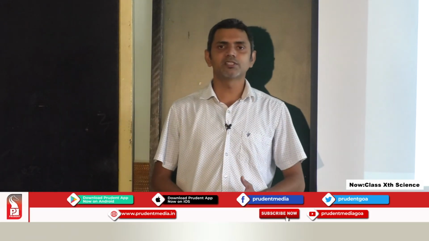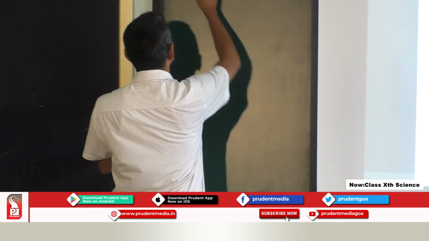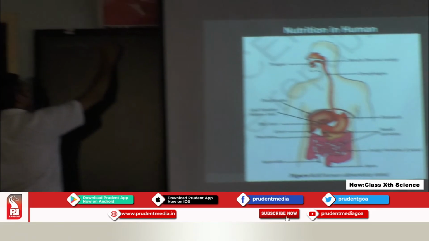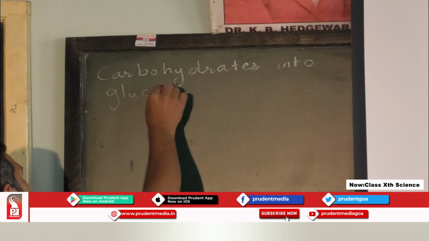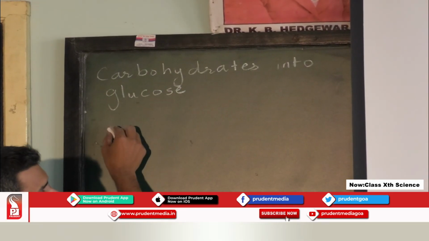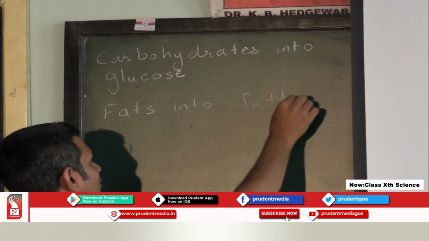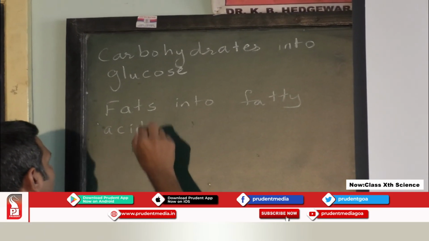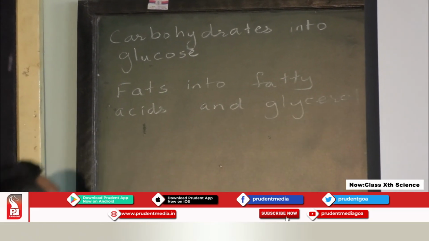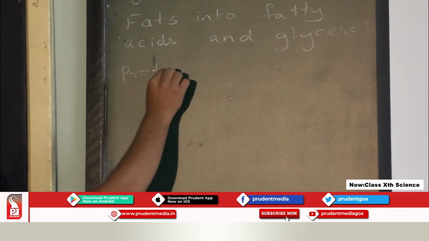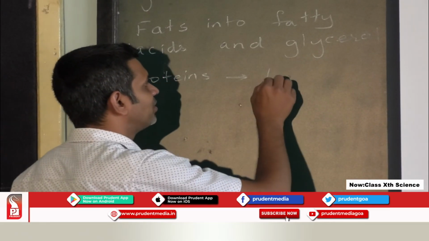This intestinal juice consists of enzymes which further break down carbohydrates into glucose, fats into fatty acids and glycerol, and proteins into amino acids.